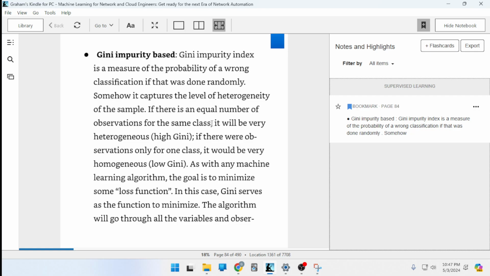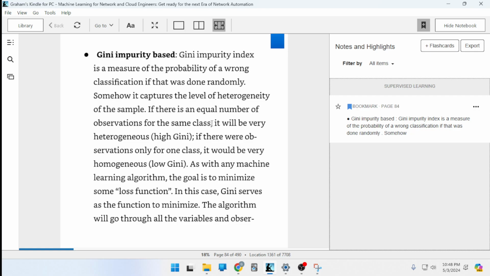Somehow it captures the level of heterogeneity of the sample. If there is an equal number of observations for the same class, it will be very heterogeneous, high Gini. If there were observations for only one class, it would be very homogeneous, low Gini, or Gini, I'm not even sure.